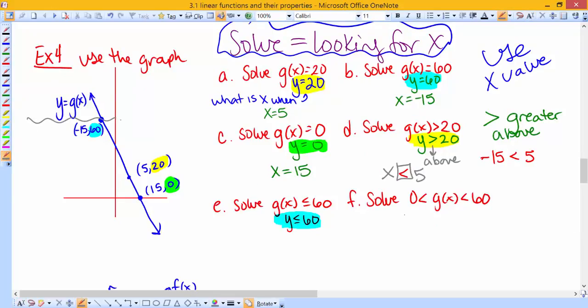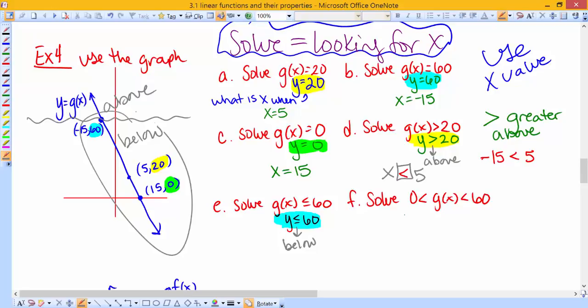So I'm going to put a squiggly line through that point. Here's the above. Here's the below. Less than. This means below. Less than is below. So now I want this piece right here.